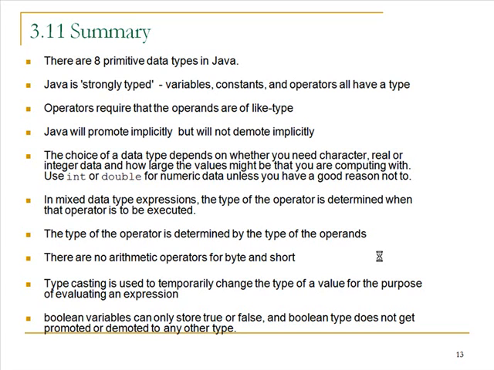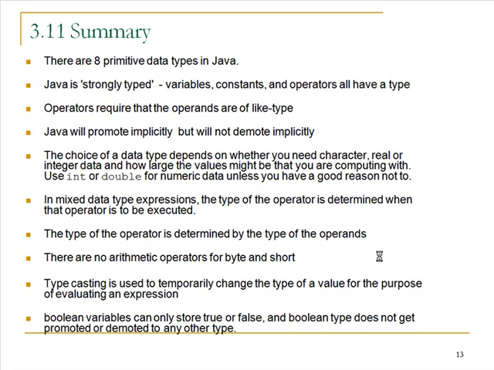So you have to use a cast operator if you want to demote one of your variables so that an operator will work. The choice of data types, when you're deciding your variable data types, depends on whether you need character or a real number or integer number, and how large the values are.